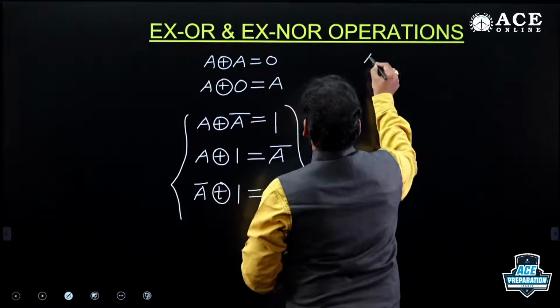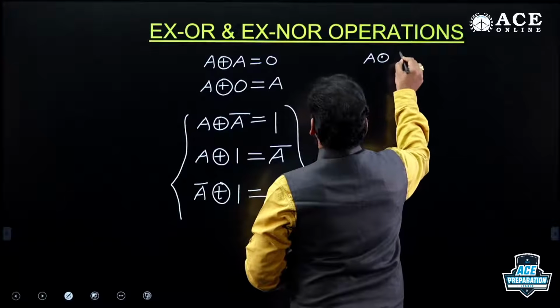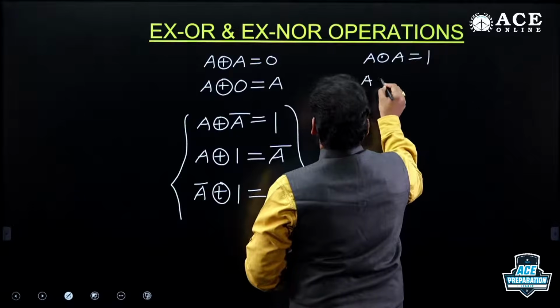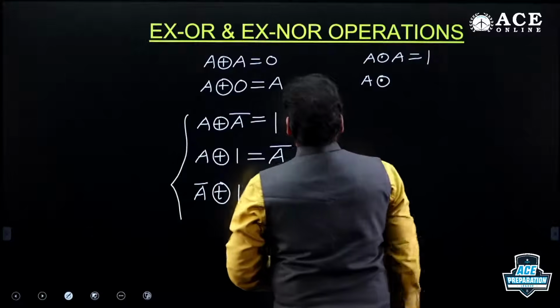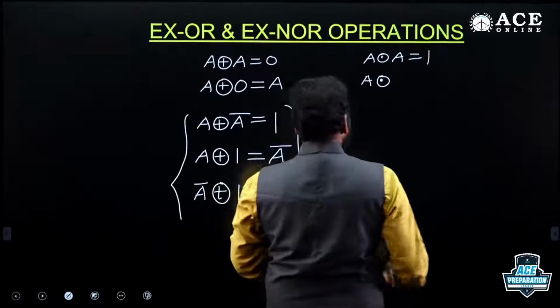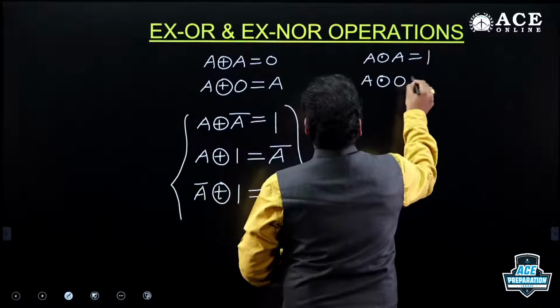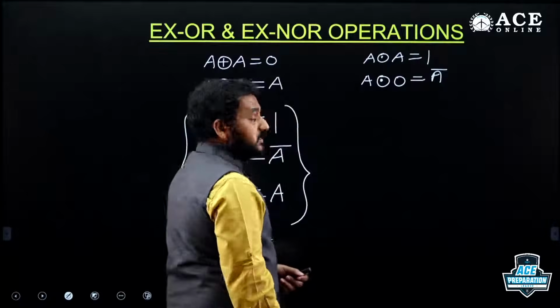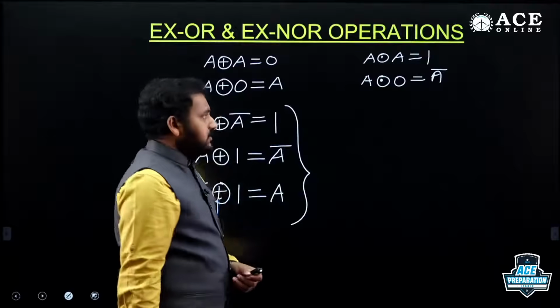Similarly, XNOR gate. A XNOR A, inputs are same, coincident, output is 1. A XNOR, you write 0 or 1, no problem. A XNOR 0 is A bar. If one input is 0 in XNOR gate, it is acting as inverter.